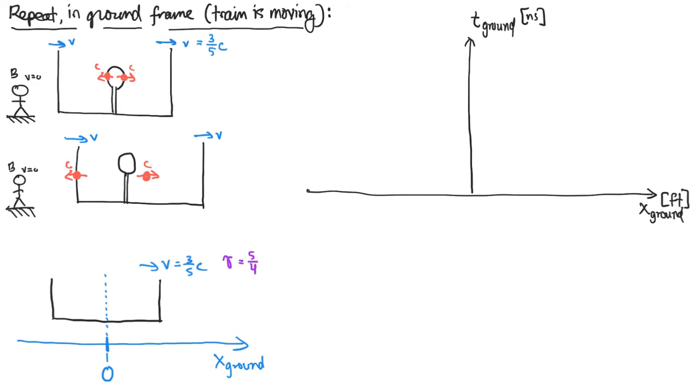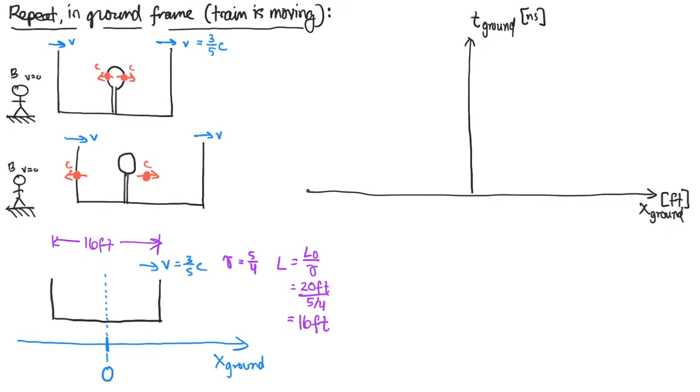So the length of the train L is equal to its rest length contracted by this factor of gamma, and the total rest length of the train is 20 feet. We divide that by 5/4. 20 over 5 is 4. 4 times 4 is 16. So we have a total train length of 16 feet for the moving train.